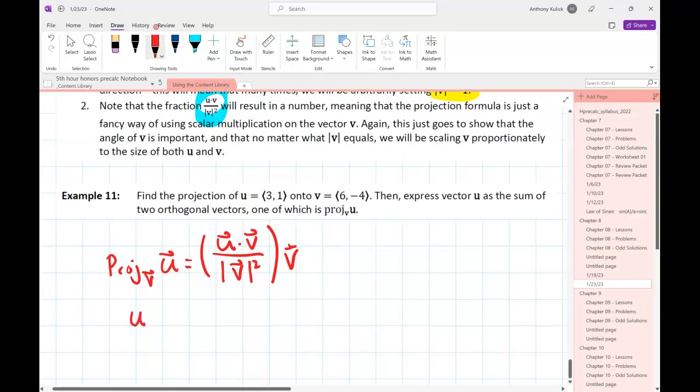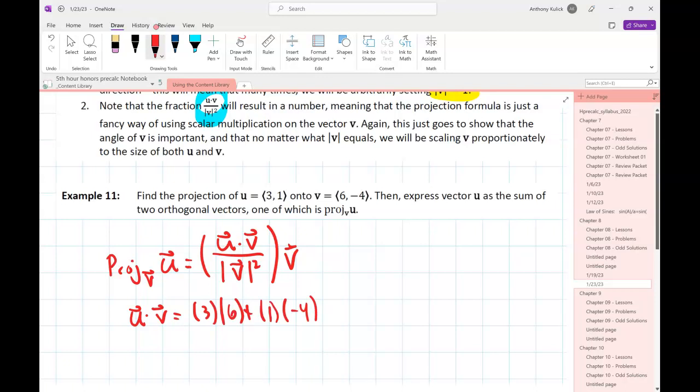To do that, I'm going to need the dot product of u and v. So that's going to be 14.